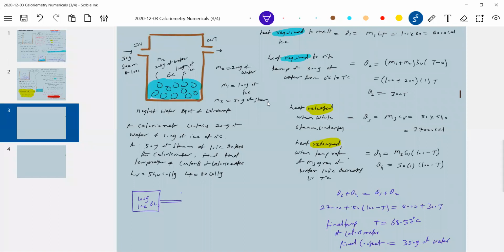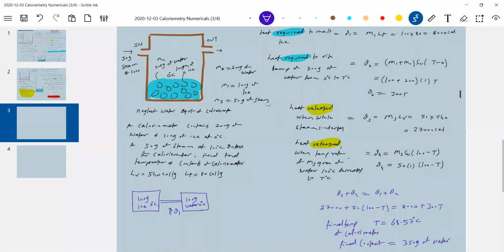So the amount of heat needed for it to become 100 grams of water at 0 degrees Celsius, how much heat is needed? Q1. Will I agree with this? Then what will happen now?